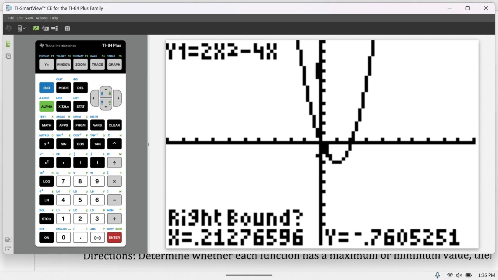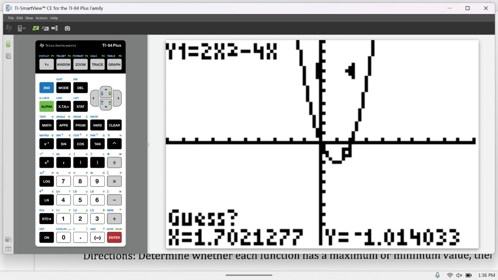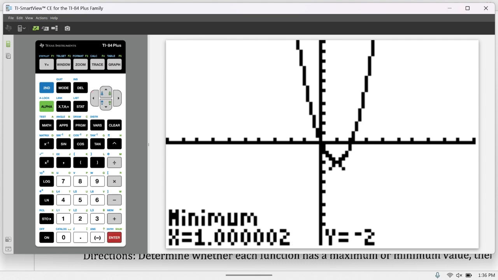And I'm going to hit enter. It then asks for right bound. So I'm going to use my arrow key and go slightly to the right of the vertex and hit enter. And then my guess, I'm going to get as close as I possibly can to the vertex. So I'm going to hit enter. So it reads 1, negative 2.